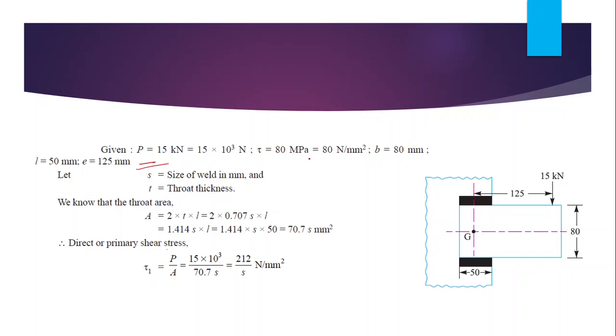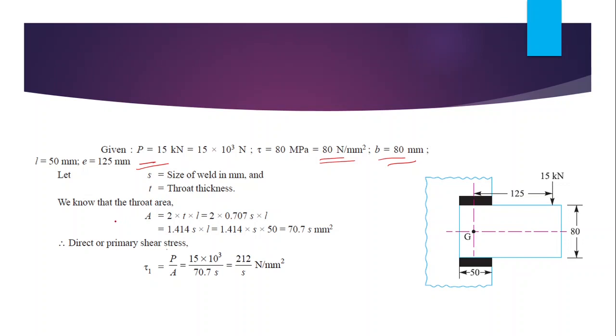Tau is equal to 80 megapascal, that's equal to 80 Newton per mm square. Here B, the width of the plate, is equal to 80 mm. L, the weld length, is equal to 50 mm, and the eccentricity is equal to 125 mm. Then S is equal to the size of the weld in mm, and T is equal to the throat thickness.